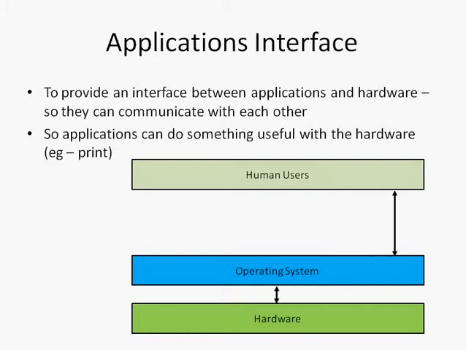So how does applications interface fit into the diagram? Well, we know now that the operating system provides a link between application software and the hardware. But also, just to complete this part of the diagram, I think we need another arrow there to show that human users also use applications as well as the operating system.